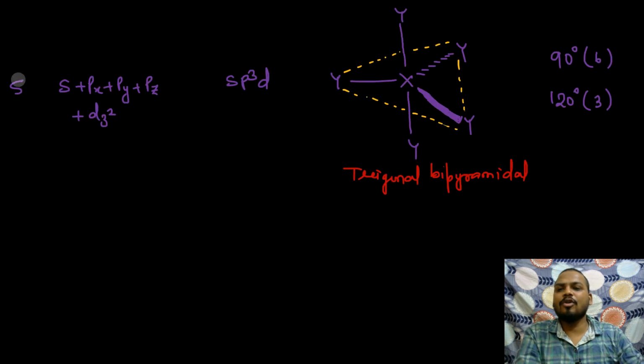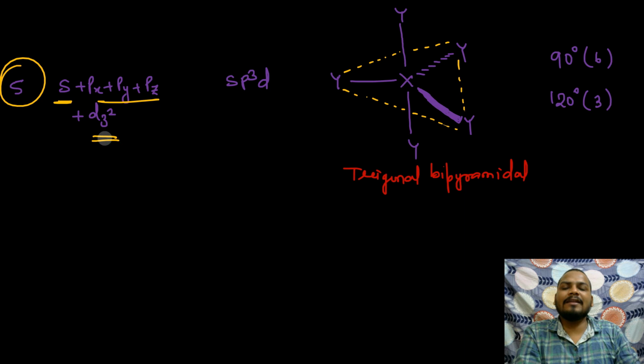If the number of hybrid orbitals is 5, then 1s, 3p and 1d orbital go for intermixing. One most important thing is that dz square is going for intermixing, and the hybridization related to this is sp3d, meaning 1s, 3p and 1d orbitals go for intermixing.